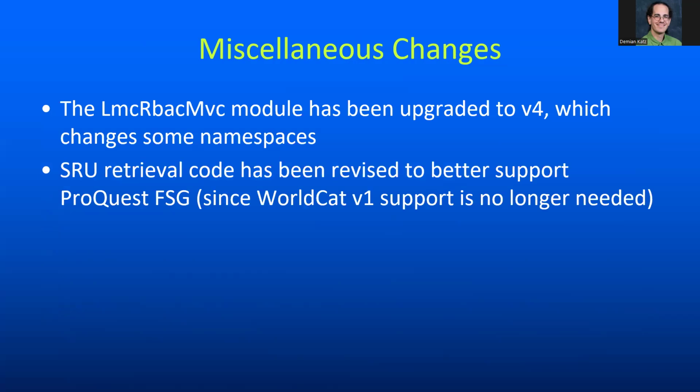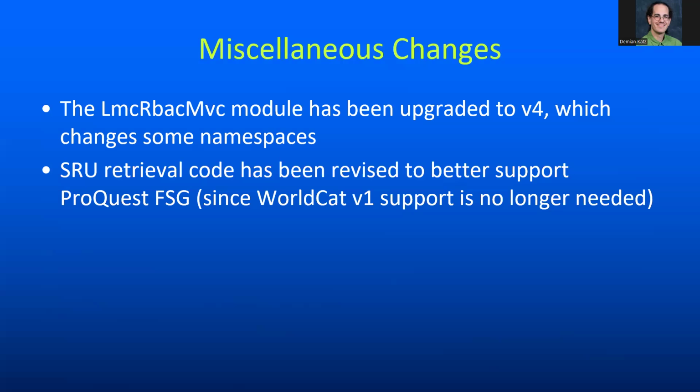We have considerably revised our SRU retrieval code. I mentioned earlier we added support for that ProQuest gateway. It's an SRU-based API. And in the past, VuFind only used SRU for talking to the old WorldCat version 1 API, support for which was removed in VuFind 10.2 because that API no longer exists.